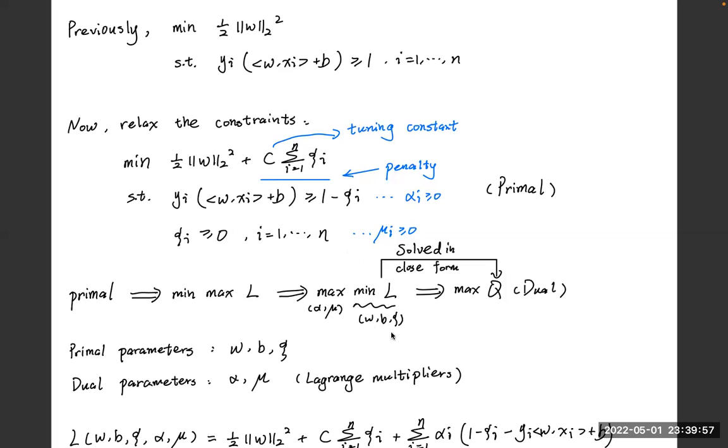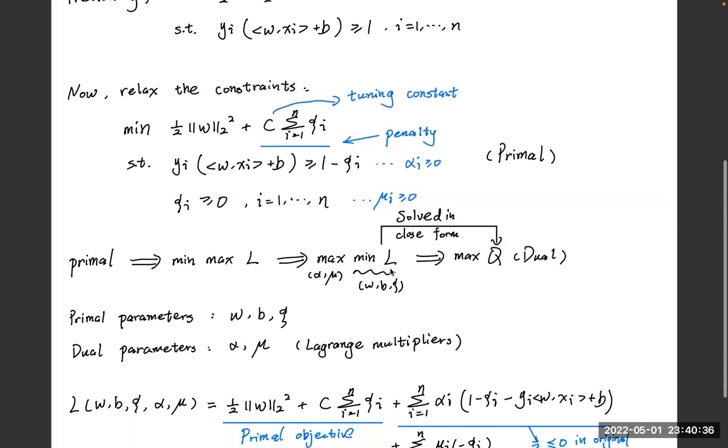Then we can solve this minimization problem in closed form, so that the minimum is q. For each alpha and mu, we find the minimum of this Lagrangian over w, b, and psi, and we get this q. We will see that this q is a function of only alpha. It doesn't involve mu. So we have two sets of dual parameters, alpha and mu, but q only depends on alpha. And we will see that this is still the same q(alpha) as in the previous lecture.